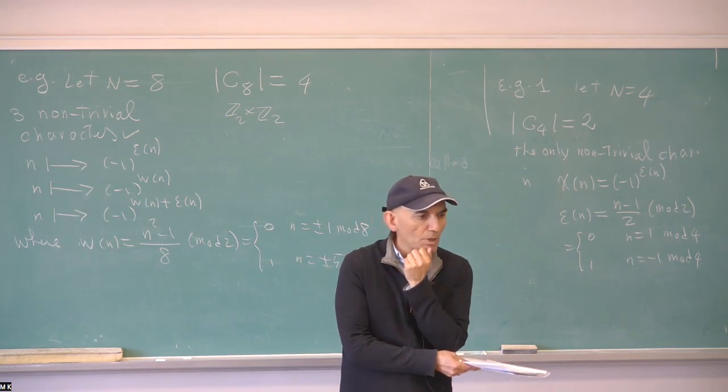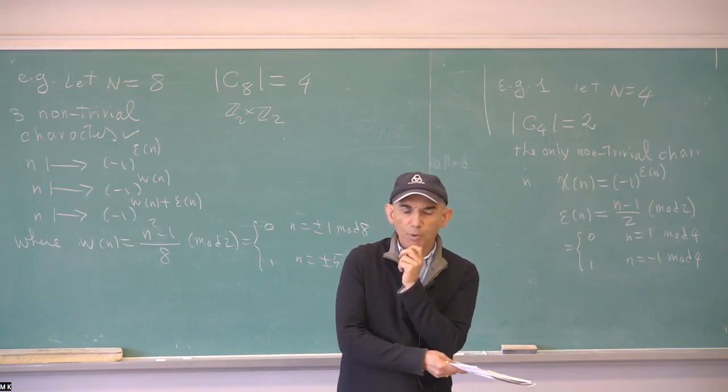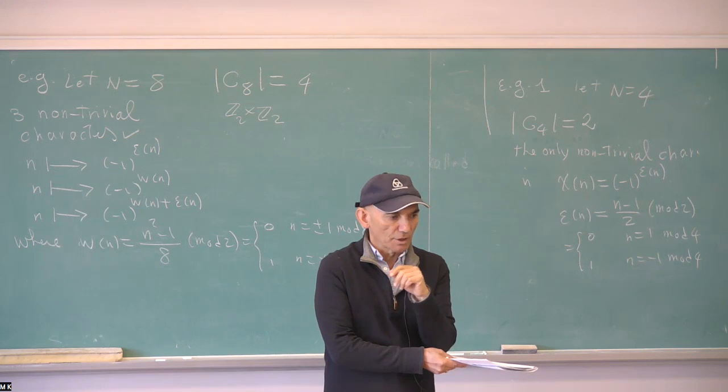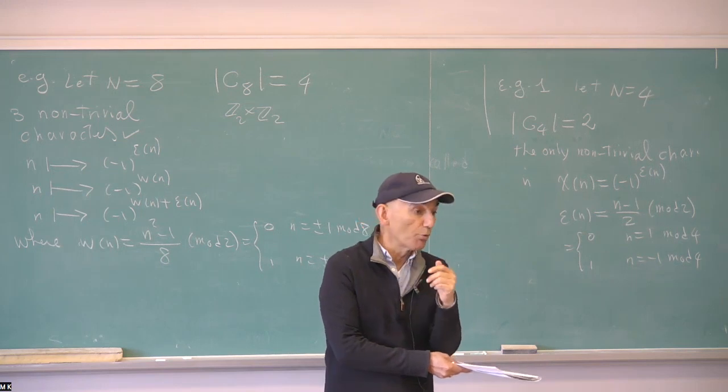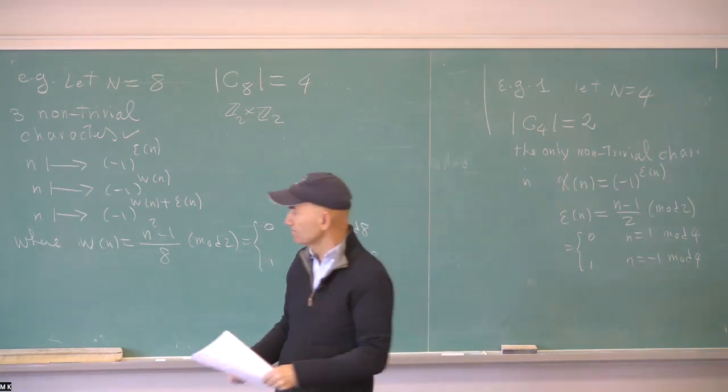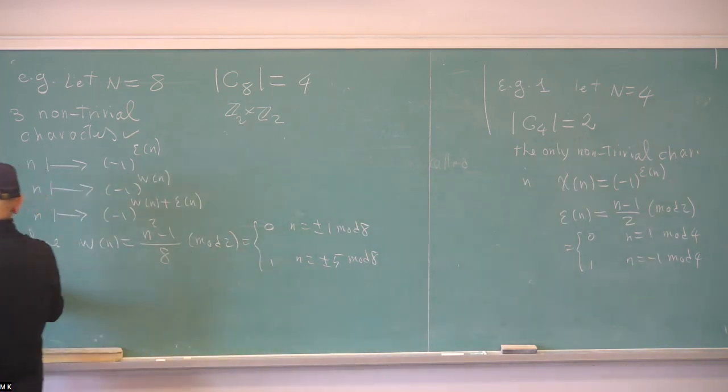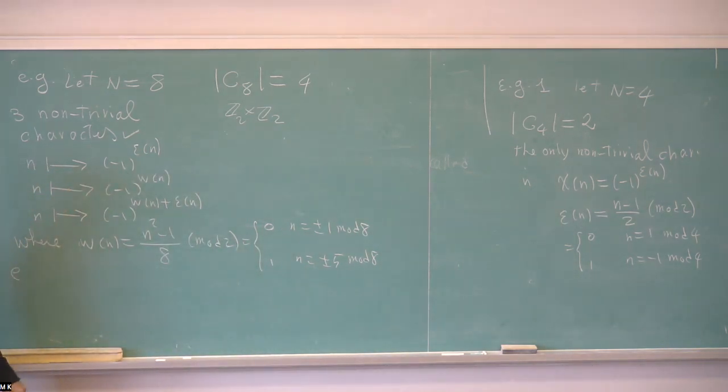Okay, so let's look at another example where actually Gn is going to be a cyclic group of order n minus 1. Any question about this, by the way? No, it's just a verification we have to do, but that's okay. Okay.